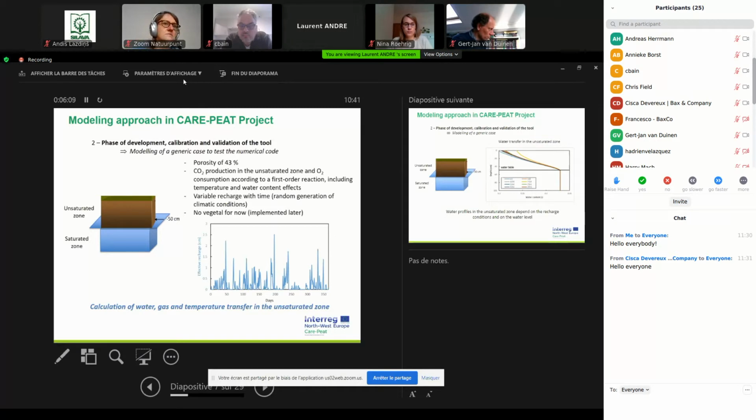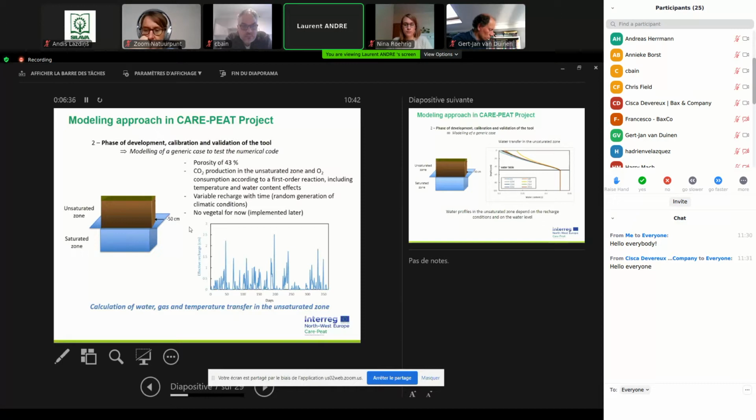The water level is at 50 centimeters. We consider a mean porosity. We consider in the system the production of CO2 and also the consumption of oxygen in this zone. We take into account the temperature and water effects, and we imagine variable recharge conditions.